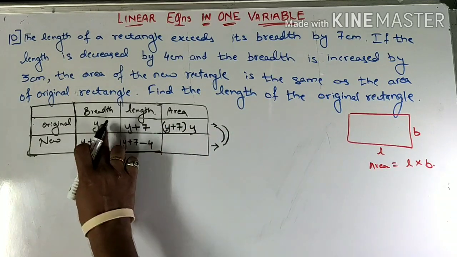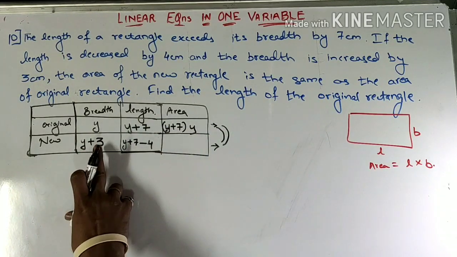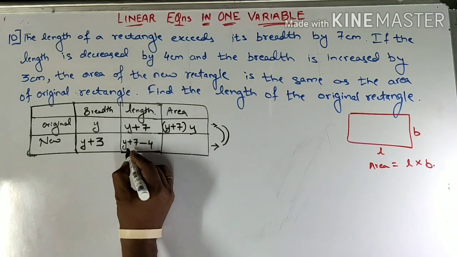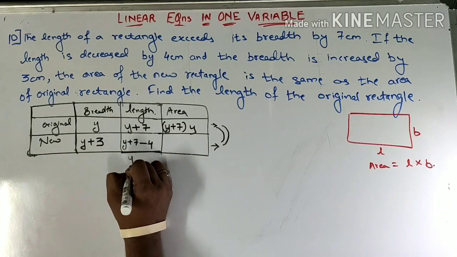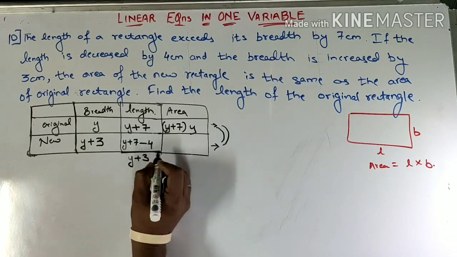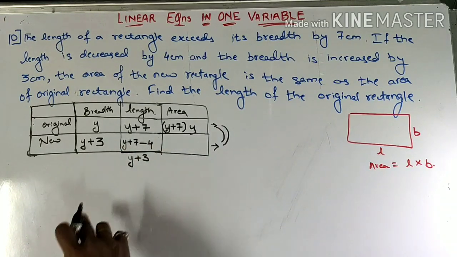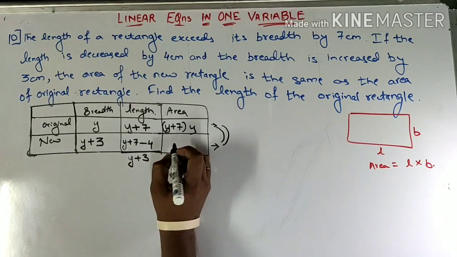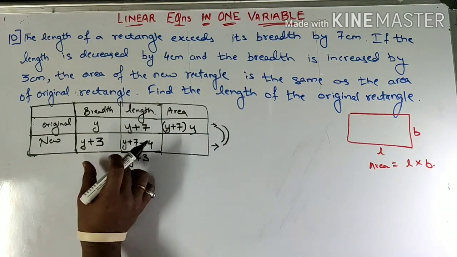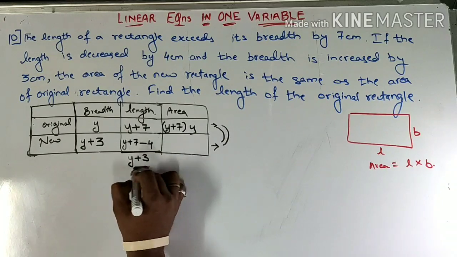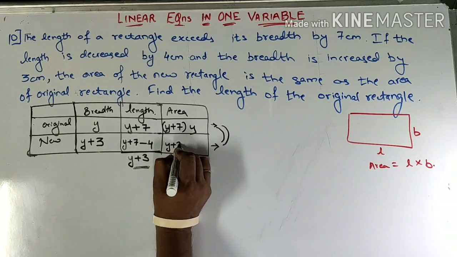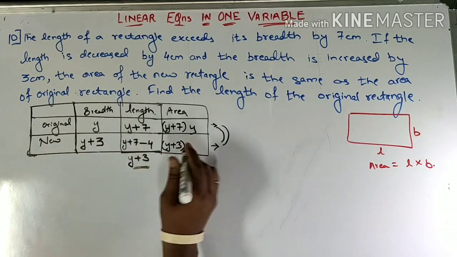Over here, let's simplify this. So y plus 7 minus 4 is 3, so y plus 3. So for the area of the new rectangle, the length is y plus 3, and the breadth is also y plus 3.